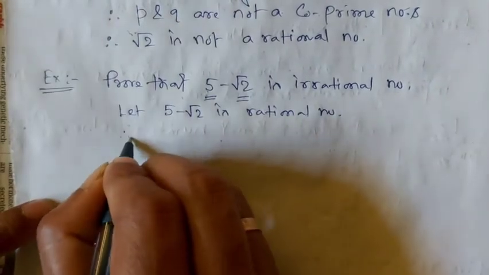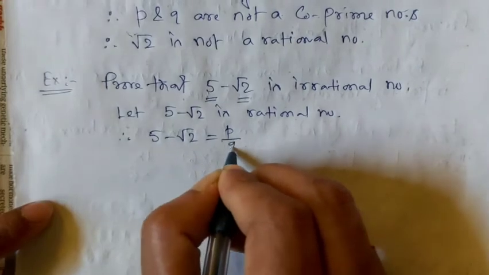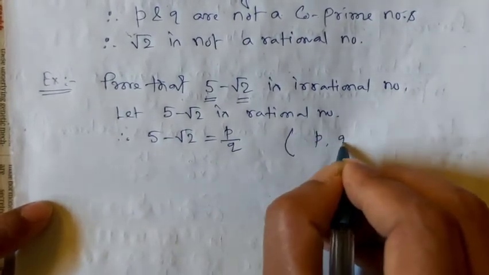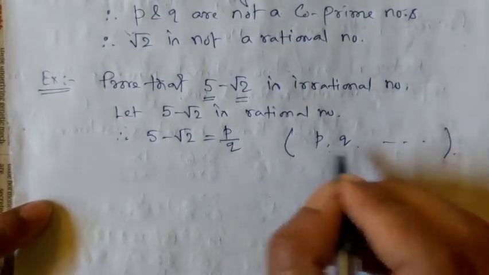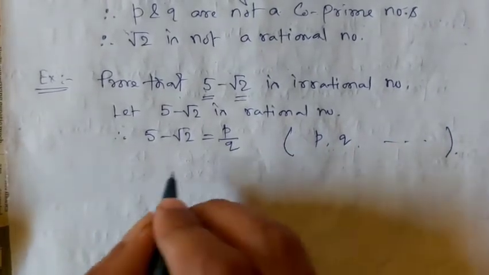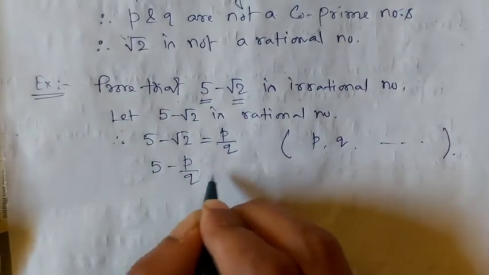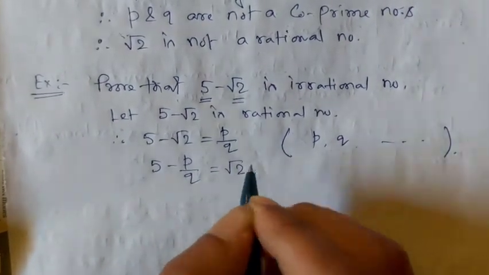Then obviously 5 minus root 2 is equal to p by q, where p and q are co-prime numbers and q is not equal to 0. So 5 minus p by q is equal to root 2.